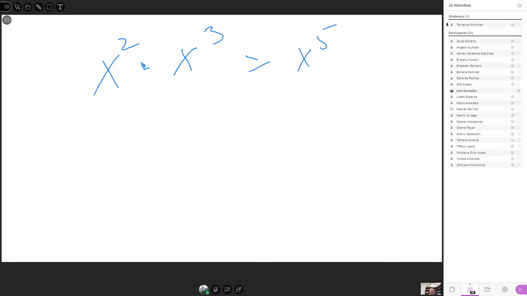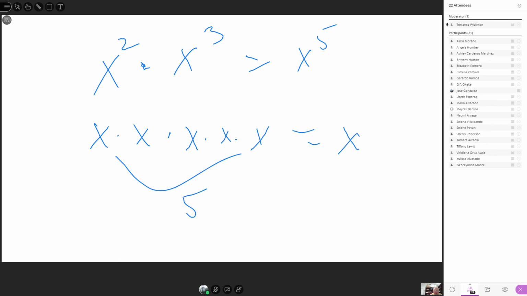Why is that? Well, x squared means you have 2 of these, and you're going to multiply it by 3 more. 1, 2, 3. You add these up, you get 5. That's what it means. You add these numbers. Boom. Not multiplying.